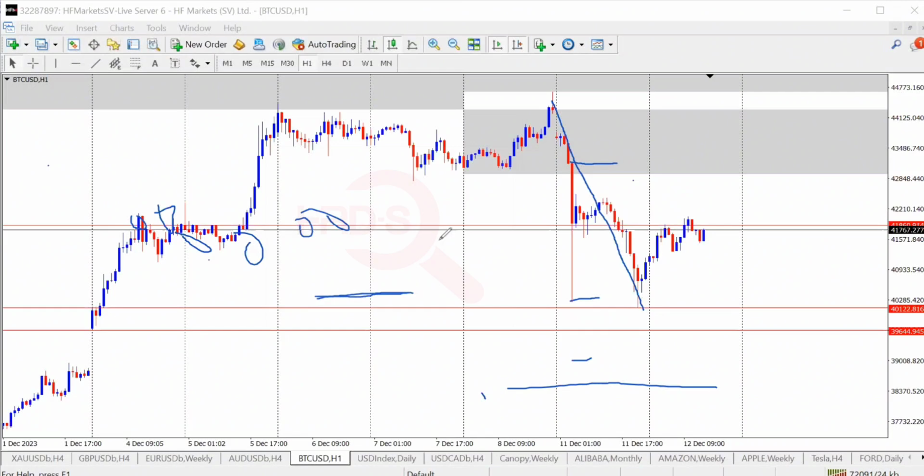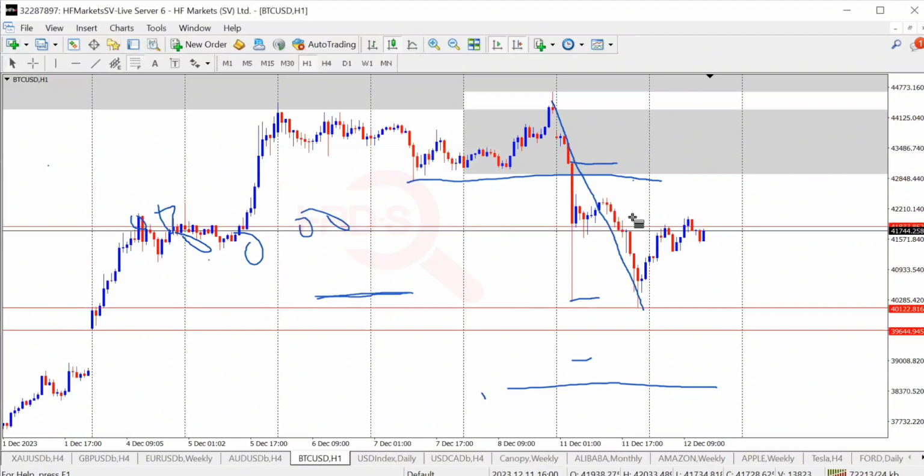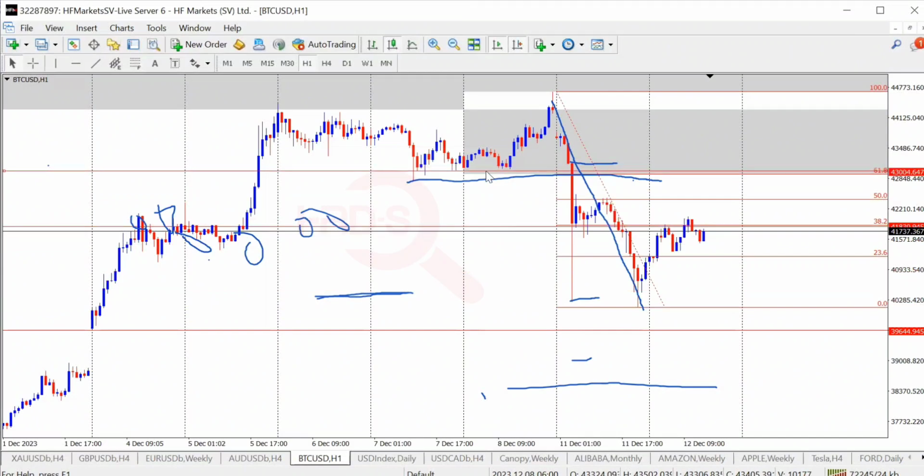What will I do? I am going to look for, this is the last support zone. I'm going to wait for market to come inside this zone. Why? Let me place my Fibonacci now. For a sell Fibonacci, you move from high to low. You see this? I will mark here the 61.8 Fibonacci level, and then I'll wait for market to enter here.